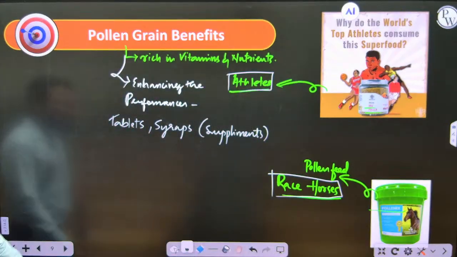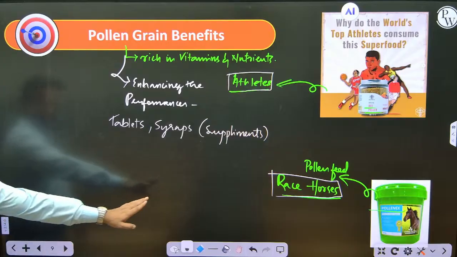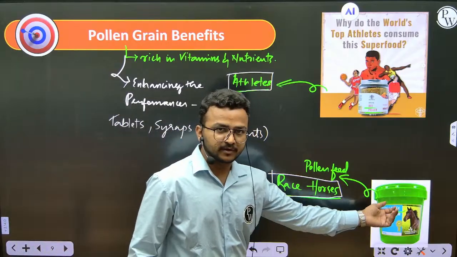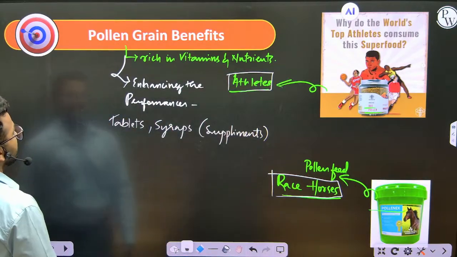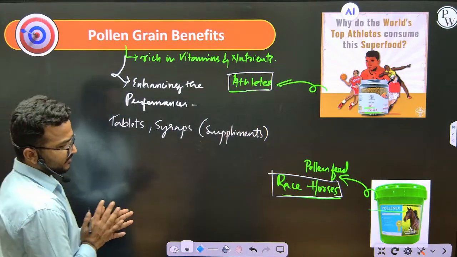In abroad they use a lot of this to feed race horses to enhance performance. So these are the pollen grain benefits.